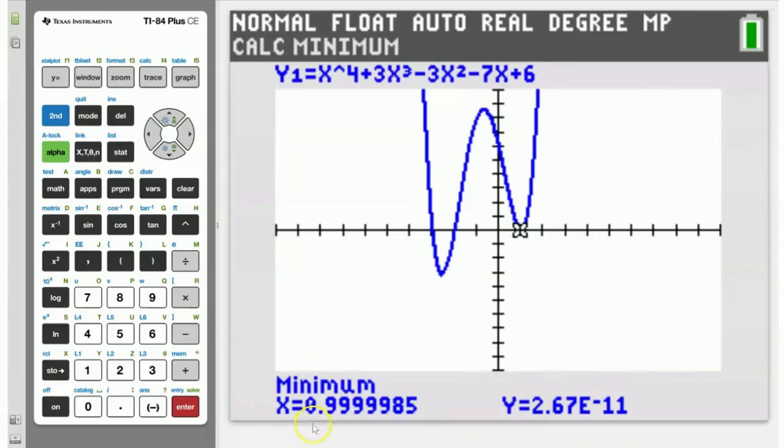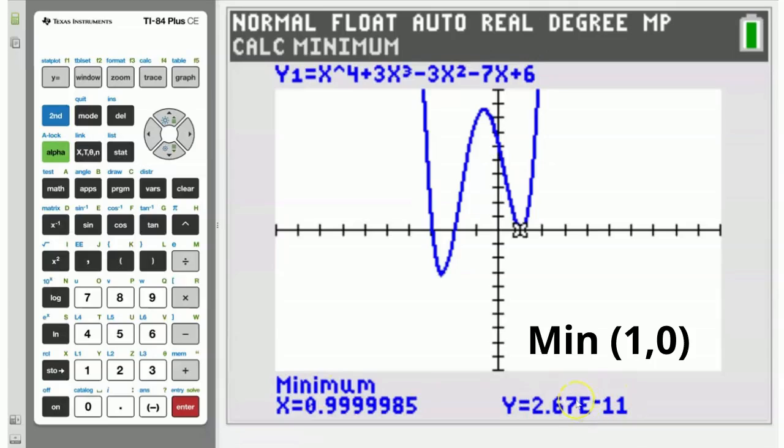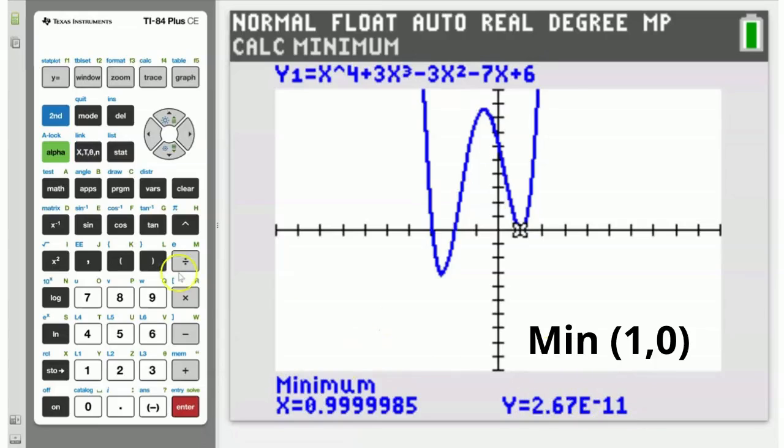So it's trying to say 1, comma 0, but you kind of have to translate that a little bit. Never use an answer with the E and the negative number on there. Just don't. They're trying to say 0. So let's go back to the page.